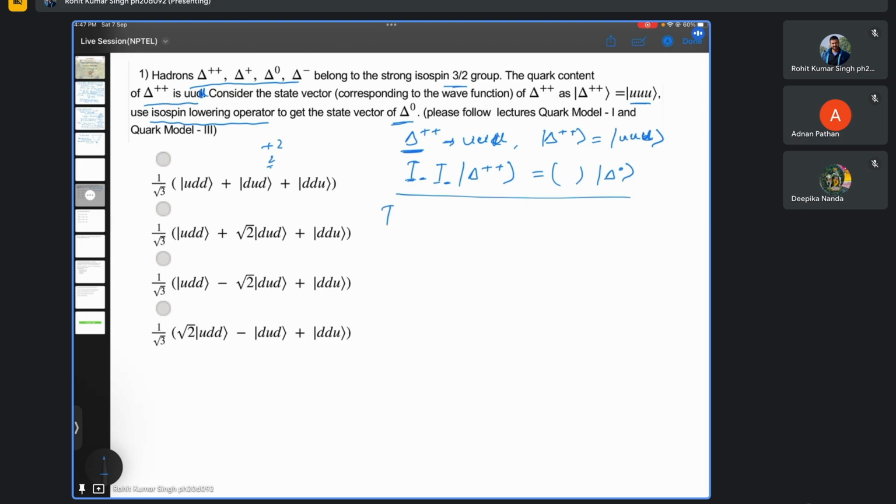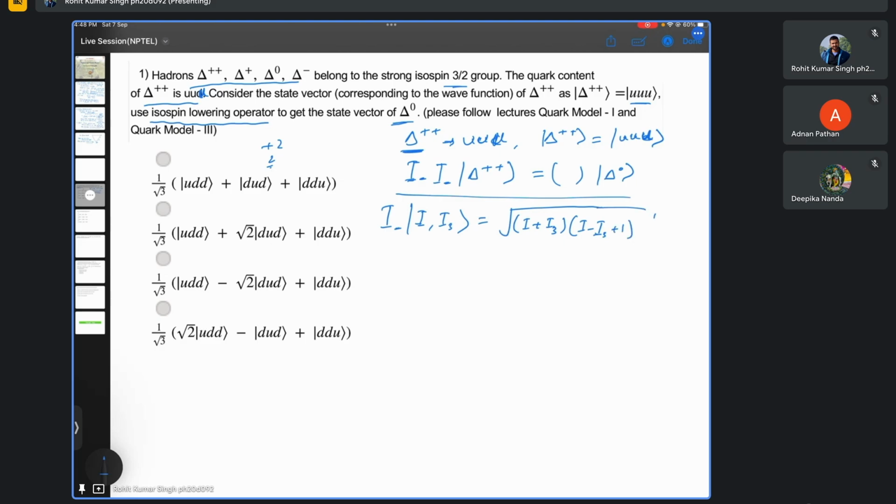So generally, what happens is if you apply a lowering operator on a state with isospin I and third component of isospin I3, you get this coefficient, this constant, the square root of I plus I3 times I minus I3 plus 1.